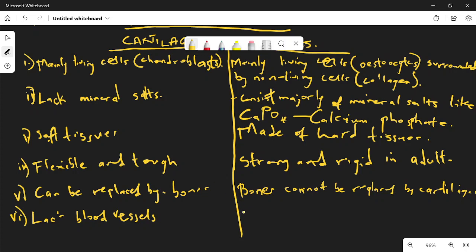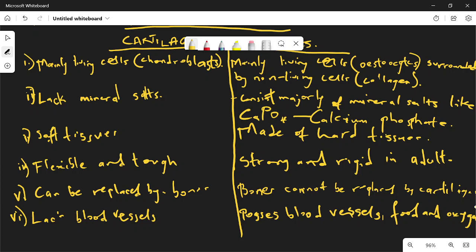But in the case of the bones, they possess blood vessels, food, and oxygen. So those are the major differences that we have between the cartilages and the bones.